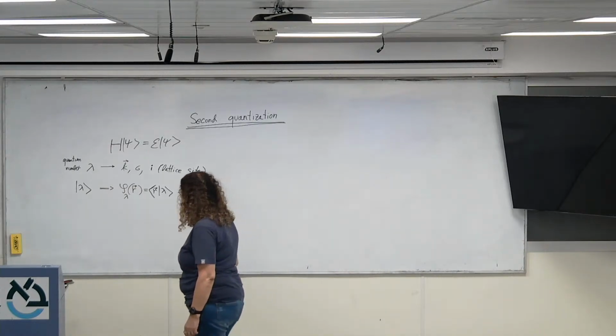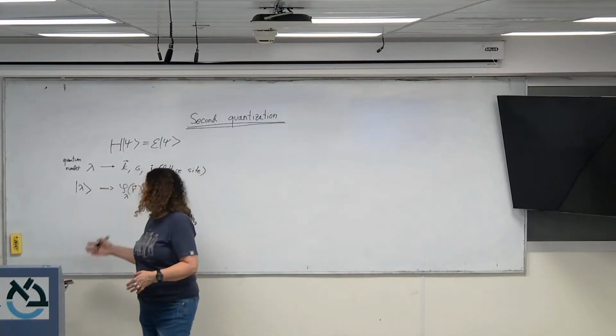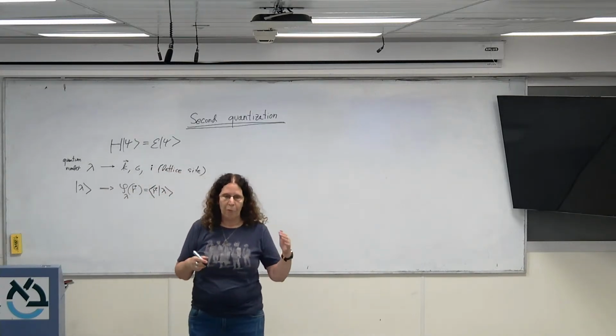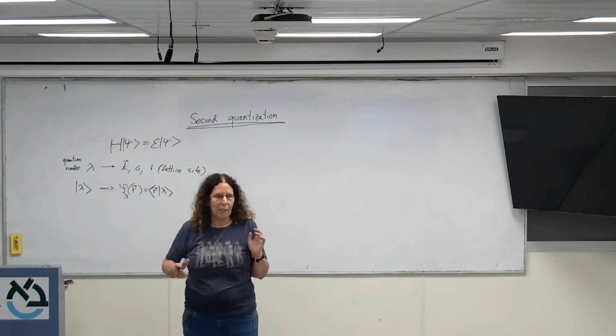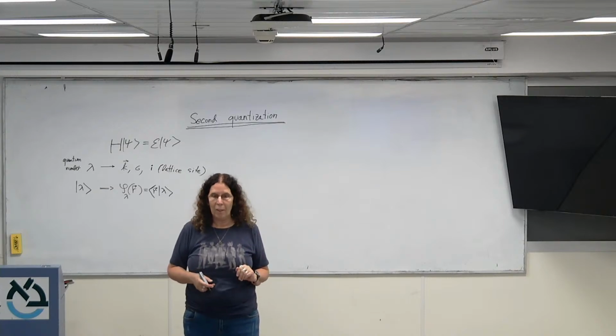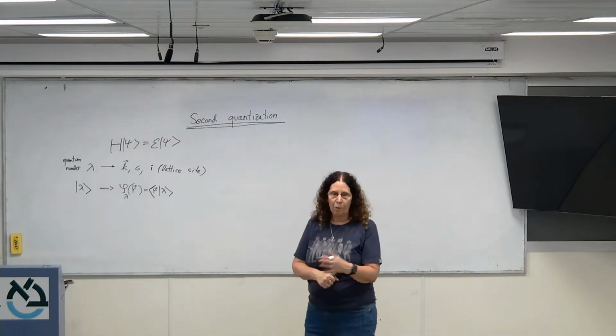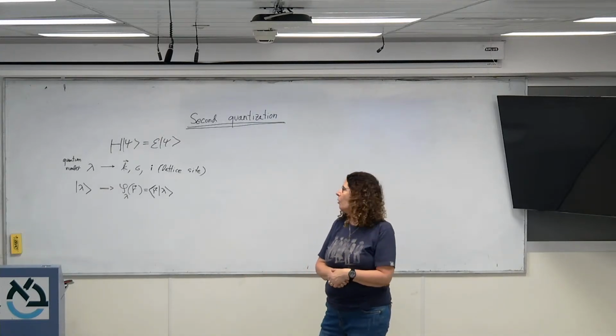Now suppose one example for such lambda could be the different orbitals of electrons in an atom.